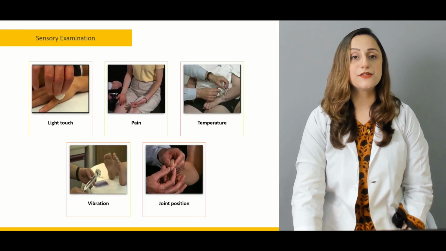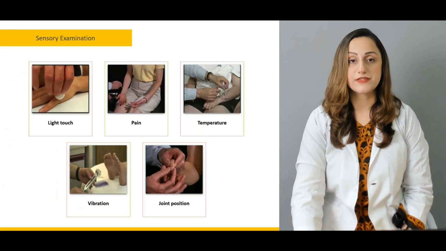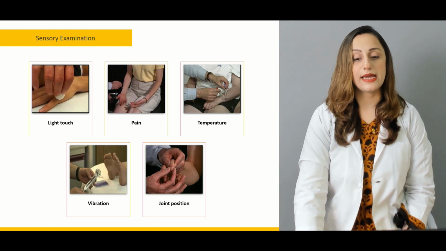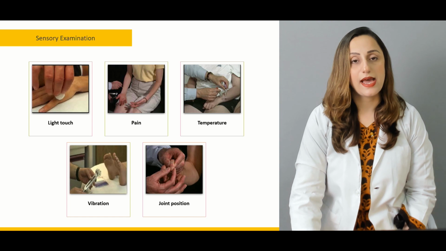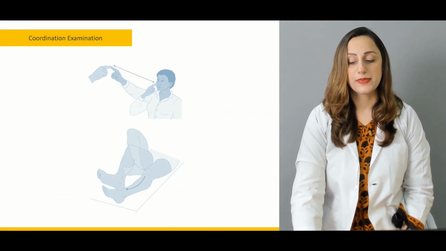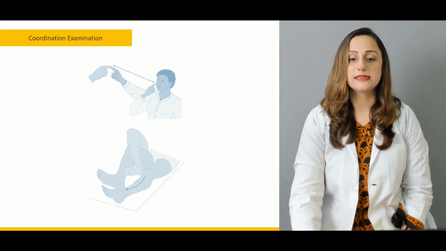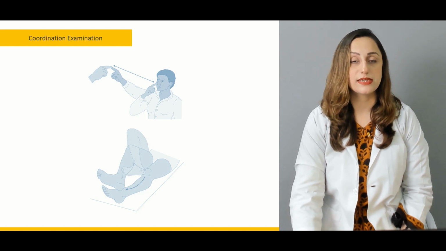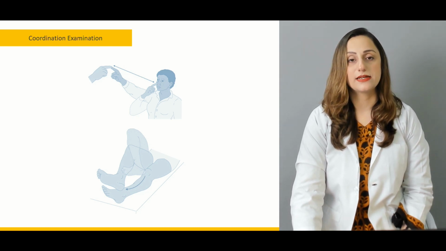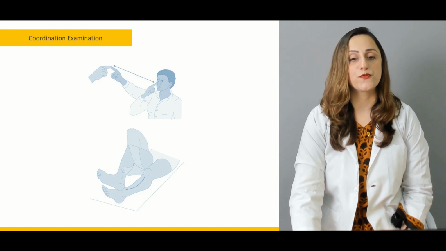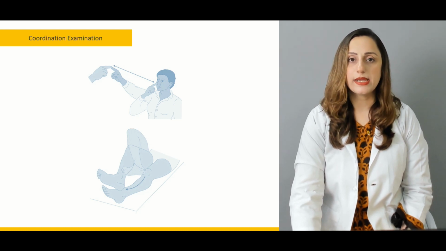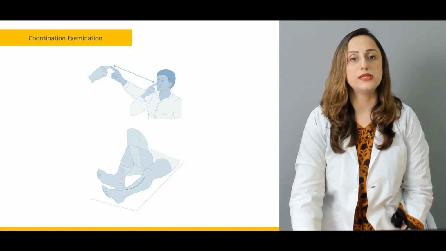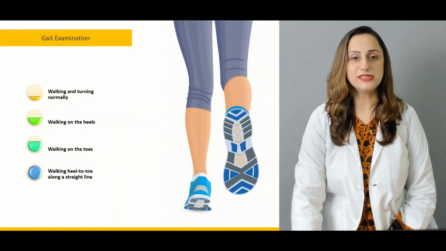We'd be discussing the different important components of sensory examination, ranging from light touch, pain, temperature, vibration, and joint sensations. Then obviously we'd be discussing the coordination examination that includes the finger-nose test, as well as the shin and heel test, which is performed to look for any abnormality with imbalances as well as with the coordination of the patient.